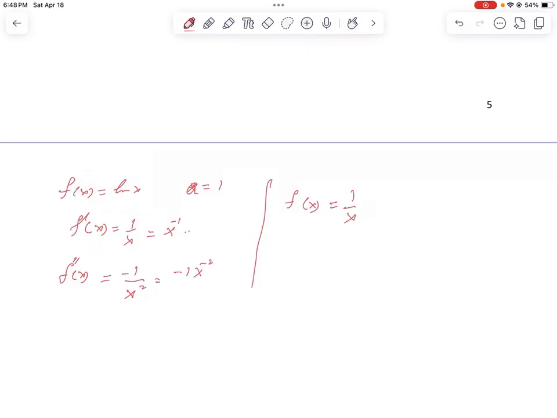If you notice, you will get the same or similar Taylor series as we had for ln of x. Okay, so that is all for the Taylor polynomial, Taylor and Maclaurin polynomials, or Taylor and Maclaurin series.